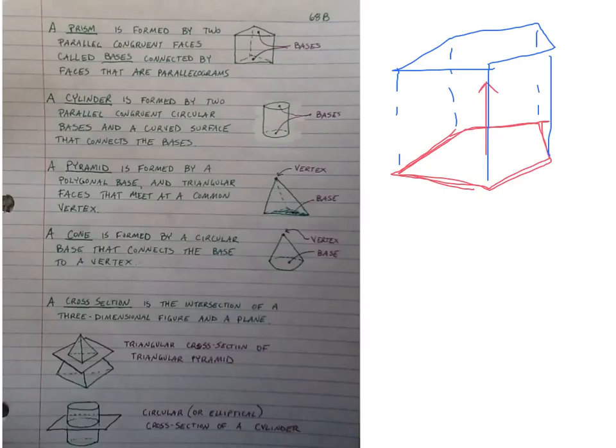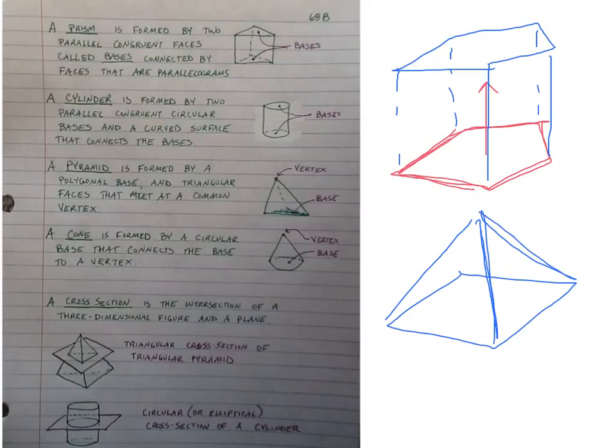A pyramid is when you take a shape and you extrude it upwards to a single point, called the vertex of the pyramid. So we're pretty familiar with the pyramids at Giza, where you start with this square base and all the edges connect up to a singular point. That singular point is the vertex of the pyramid.